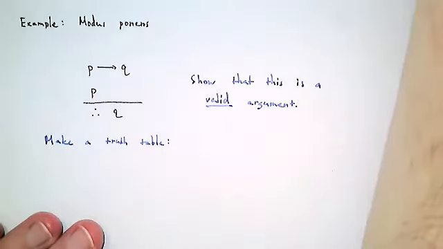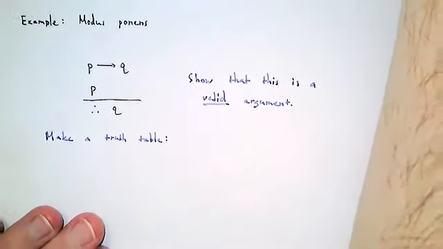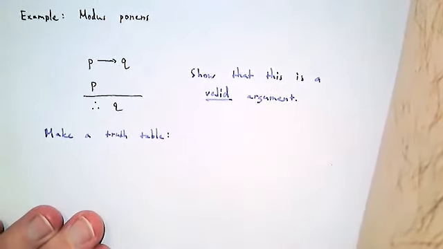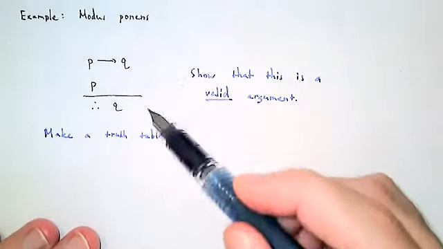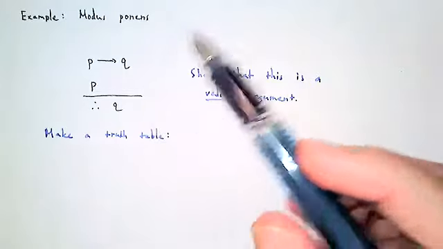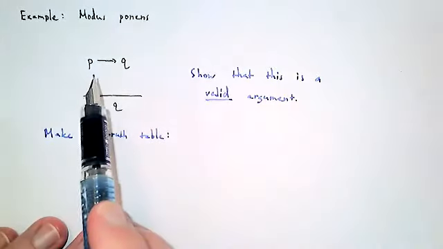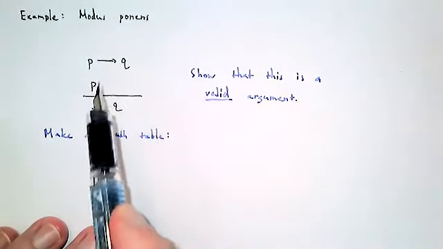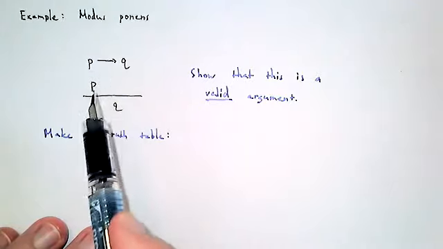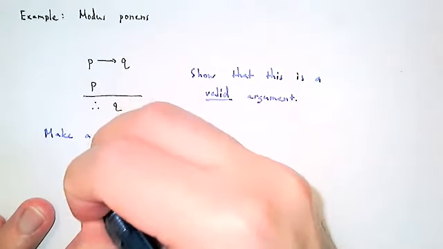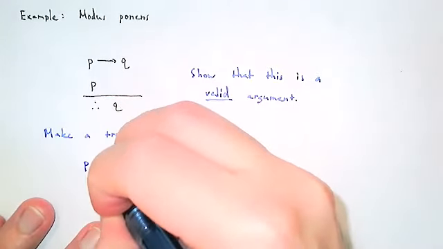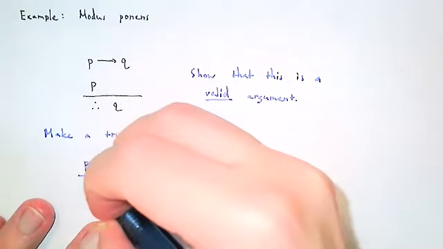Okay, so let me tell you what to put in your truth table, because we have not just a single proposition that we're making a table for, there's something like 3 propositions here. So what you want to do is look for your simple propositions, the component pieces. In this case, we have two of them, P and Q. And this is how you'll start your truth table, just like you did before.